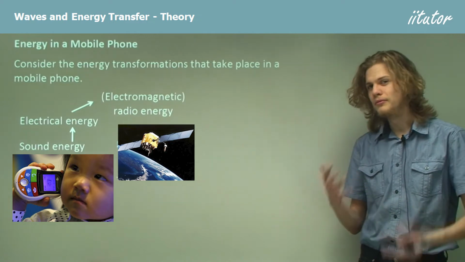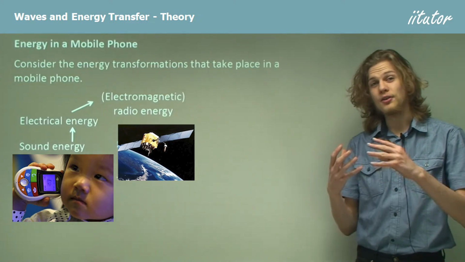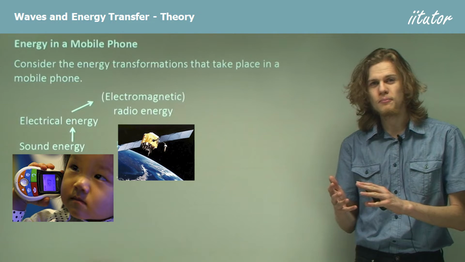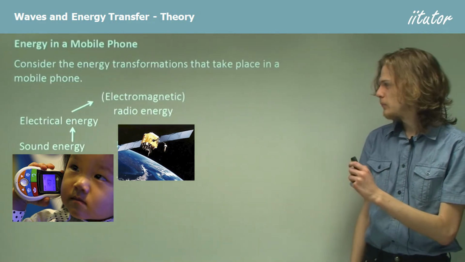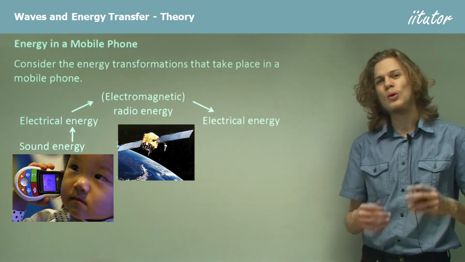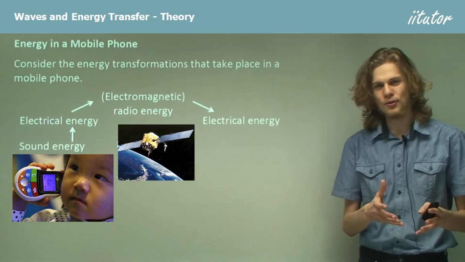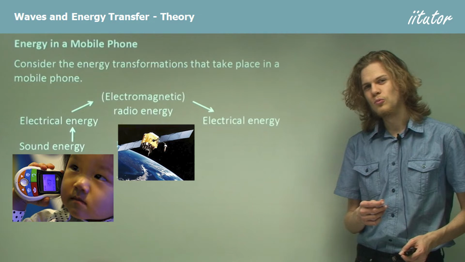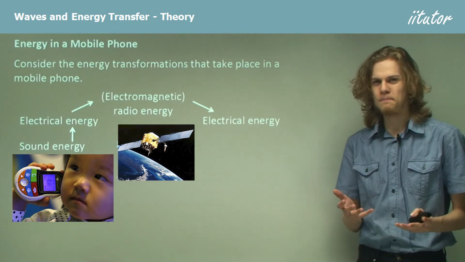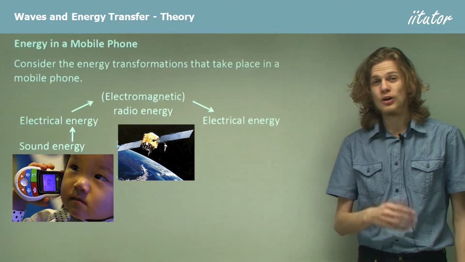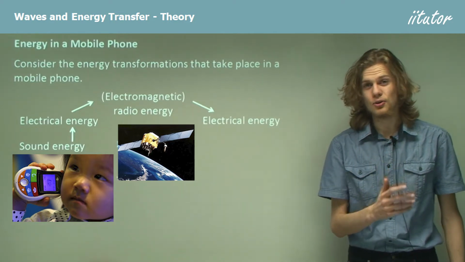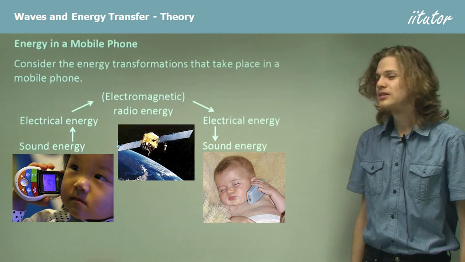The satellite will decode part of this and then send it back down, still as a radio wave, into the destination mobile phone, right? And that'll transform it back into electrical energy once it's inside the phone. Of course, we can't hear electrical energy. What we need is a speaker on the receiving phone in order to transform the electrical energy into, that's right, sound energy.